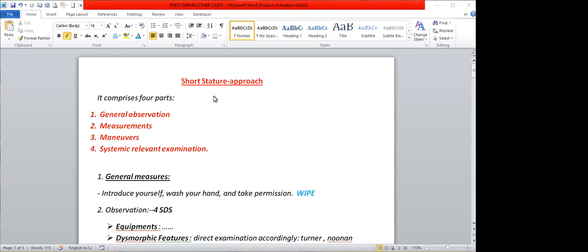So there is no definite approach like in cardiovascular, respiratory, or CNS. Most of it is general examination, because we need to pick up the clinical signs, and in some areas we need to measure something. That is basically the approach.